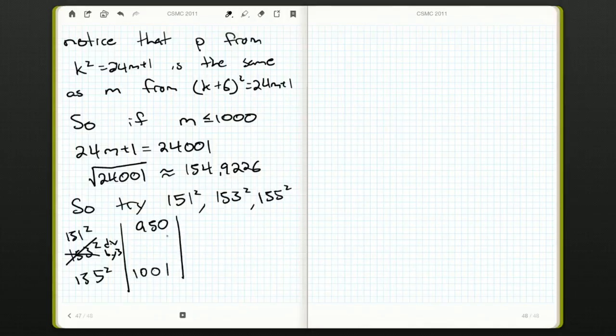Now with this 950, we'd have 1027 for p, and this one here, 1001 plus 158 divided by 2, plus 1001, we'd have 1080.